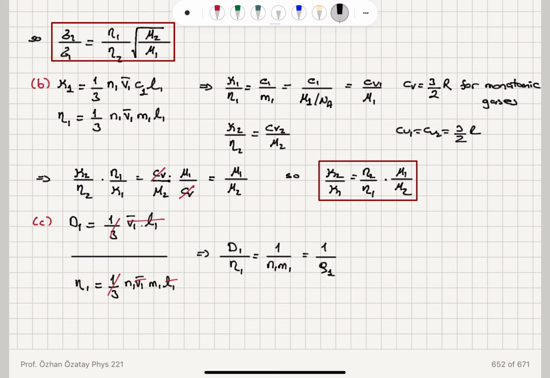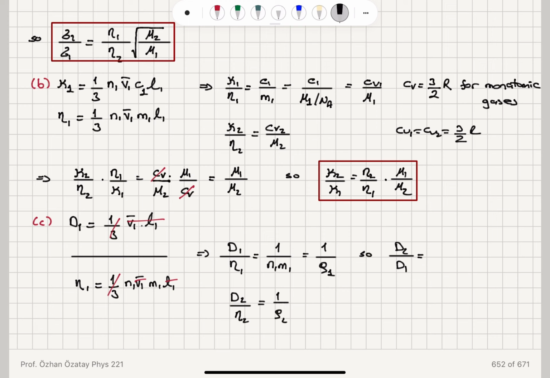So if I take the ratio diffusivity 2 over diffusivity 1, let's write here diffusivity 2 over eta 2 will be equal to 1 over rho 2, similarly.